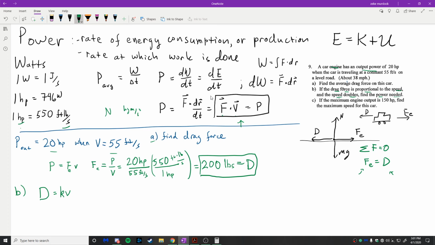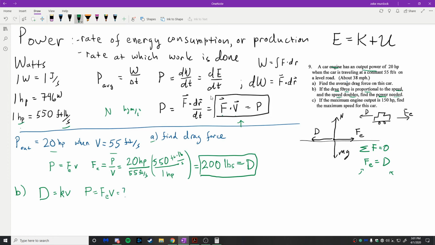We don't necessarily know what this is, but we could technically calculate it if we wanted to. The other thing we know is that the power from the car is equal to the engine force multiplied by the velocity, right? Now our goal here is to find the power needed, so this is ultimately what we're trying to calculate, what is P, right?